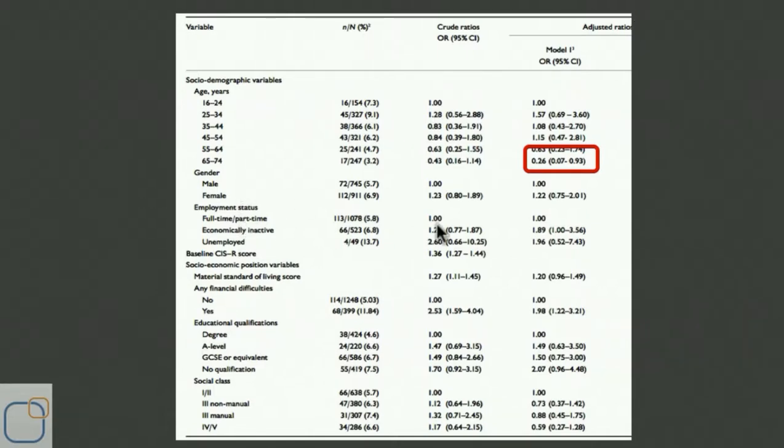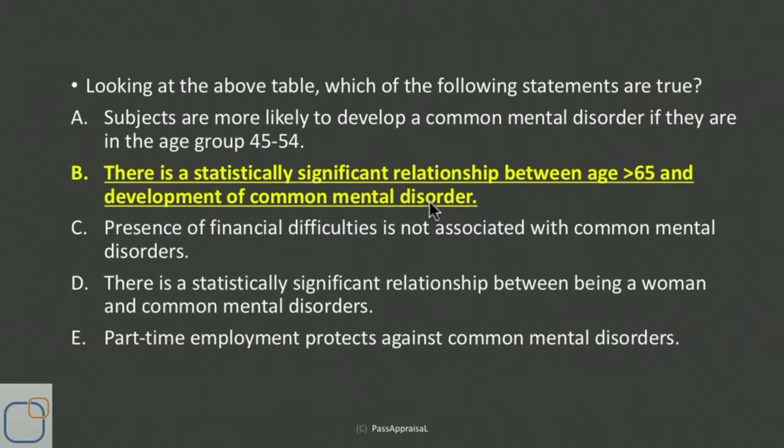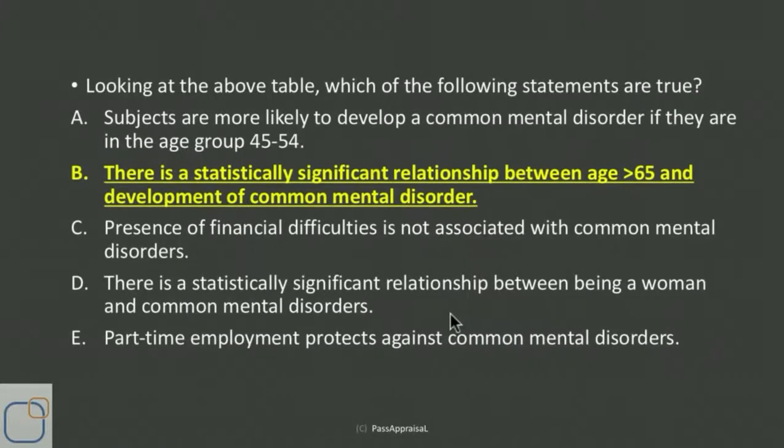Part-time employment, we don't see any results here because it's the comparator. And when it comes to being a woman, gender, and presence of financial difficulties: gender, female, is not significant, and even after adjustment it's not significant. And for financial difficulties, having the difficulties has actually increased the risk, so it doesn't reduce the risk.